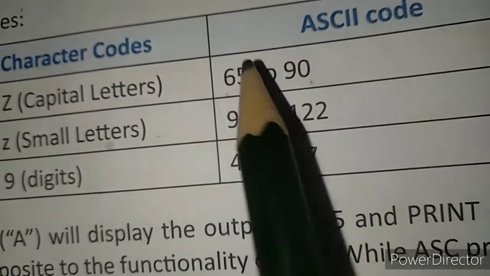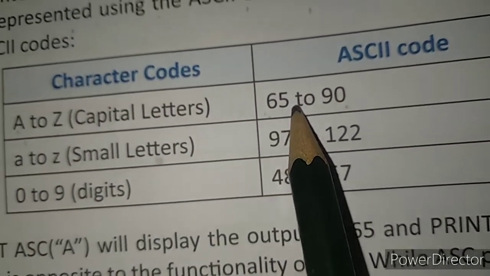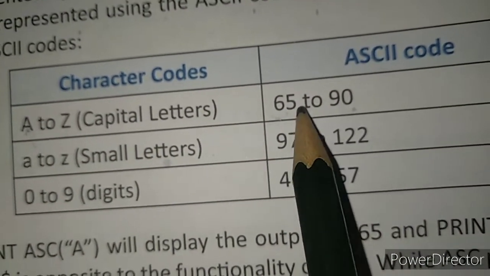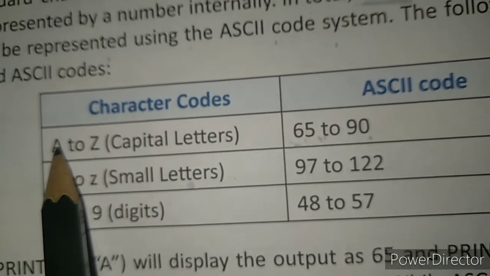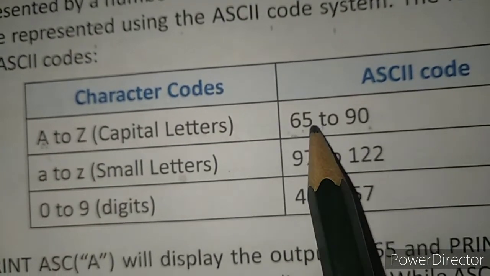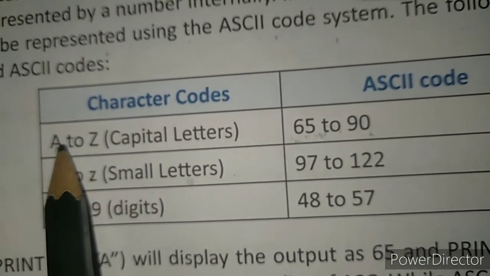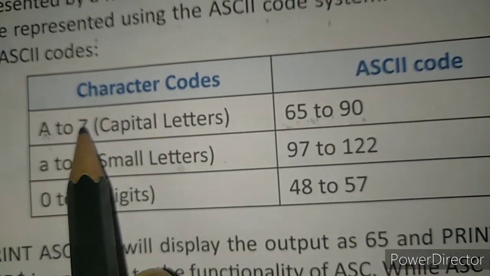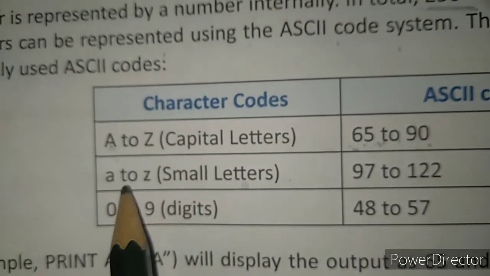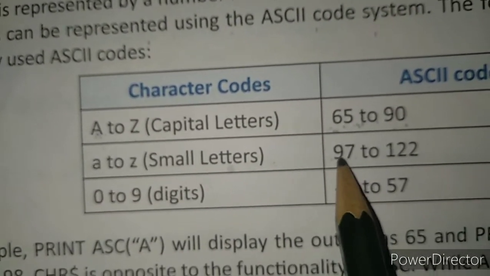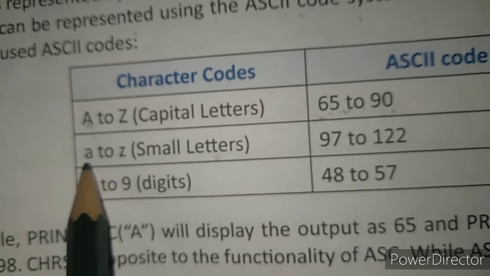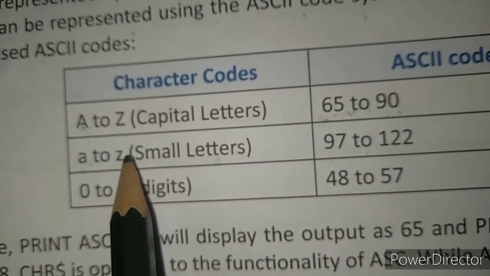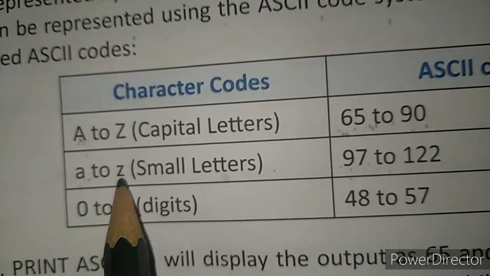It means 65 represents the capital letter A, likewise 66 represents B, and 67 represents the capital letter C. Likewise, 90 is the ASCII code for the capital letter Z. Starting from 97 represents the small a, 98 represents the small b, and likewise 122 represents the small z.